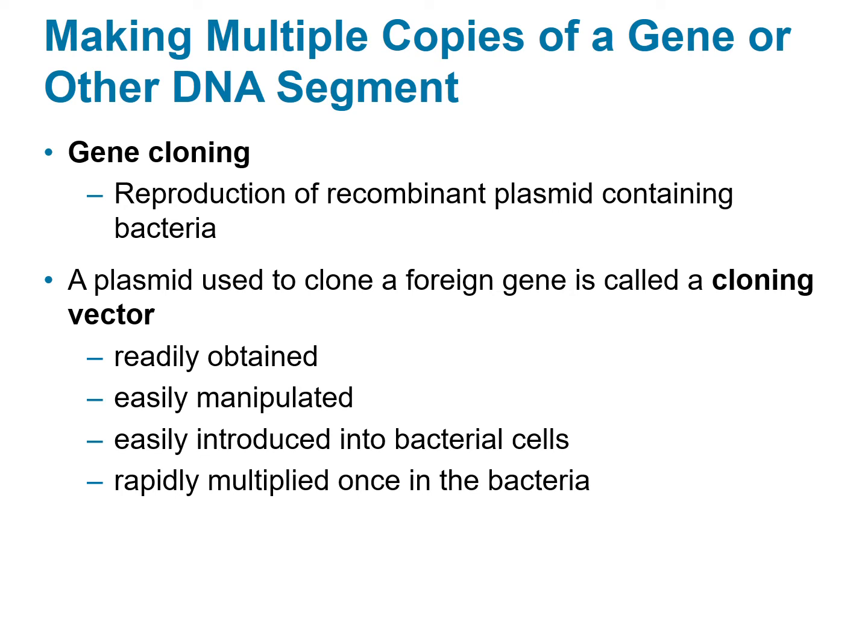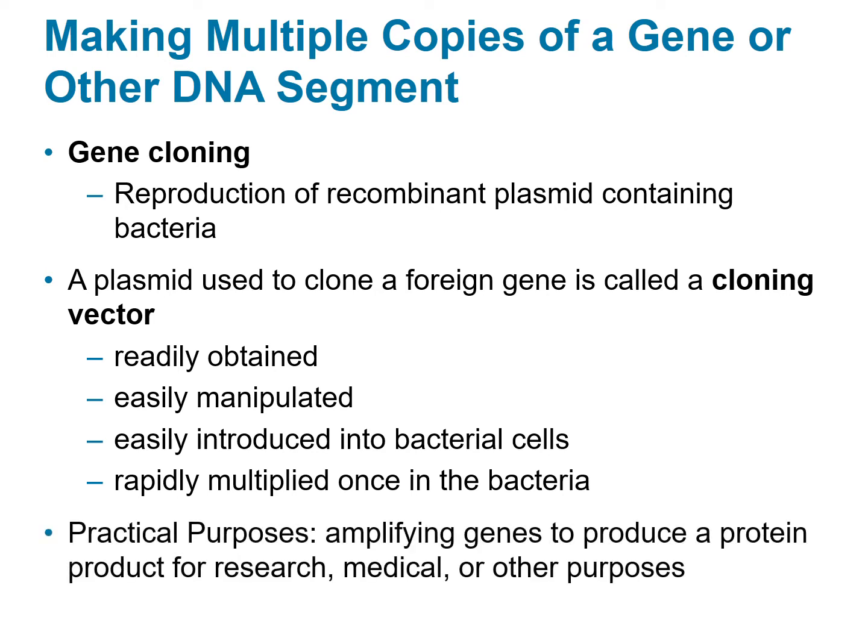So these types of plasmids are readily obtained, easily manipulated, and they can be easily introduced into bacterial cells. And of course, bacteria can replicate very fast. E. coli can double as quickly as every 20 minutes if you provide them the right conditions and enough food.